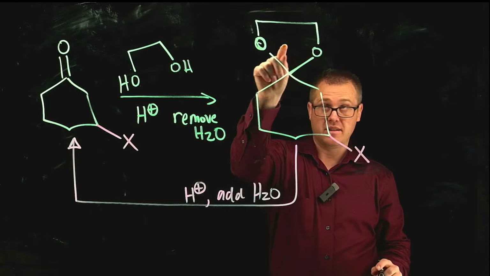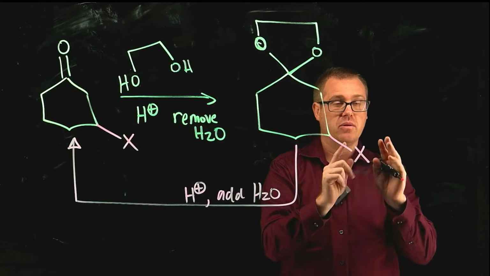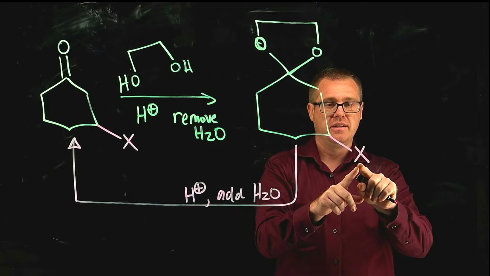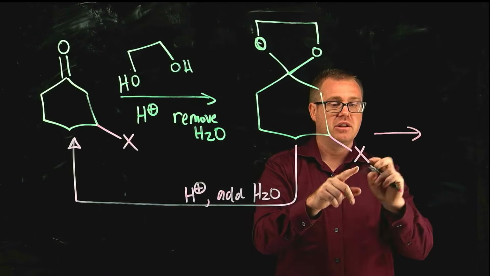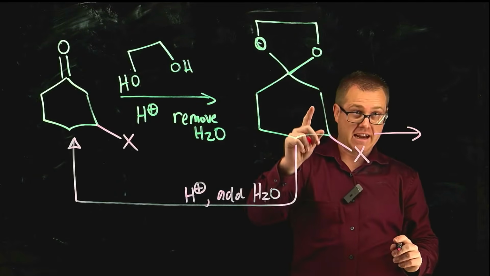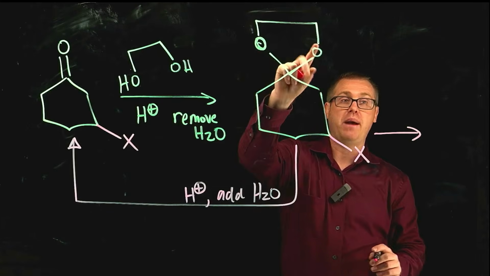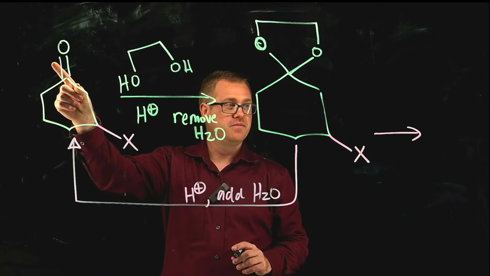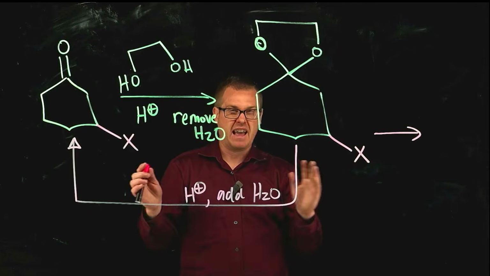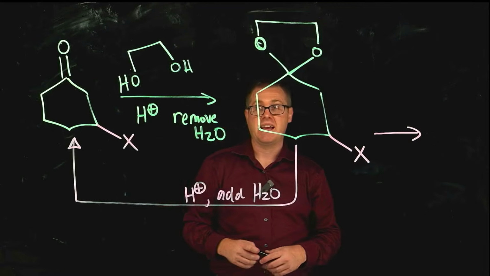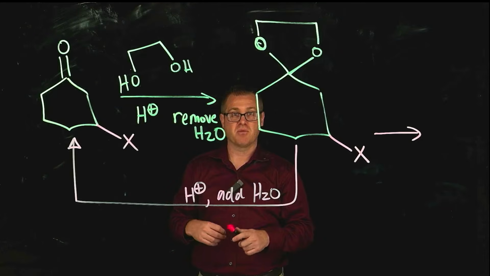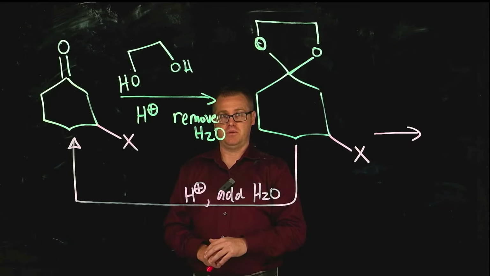And now this will not react with the reaction conditions that you designed to react with X. So you do the reaction to convert X into whatever you want, and then you deprotect the acetal back into the ketone. Isn't that cool? I'm going to show you an example of how that actually looks. But that's the idea of acetals: they protect ketones and aldehydes from reacting when you don't want them to.